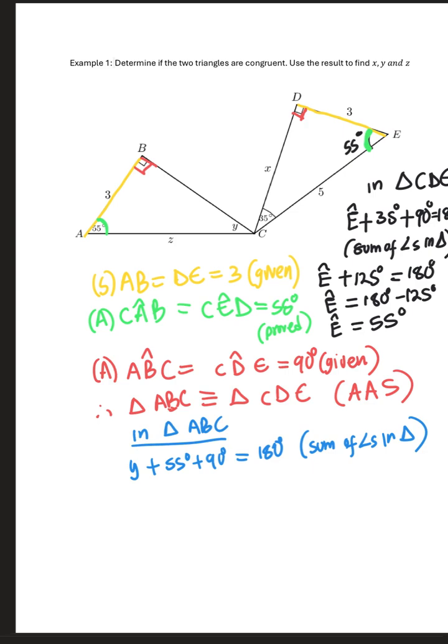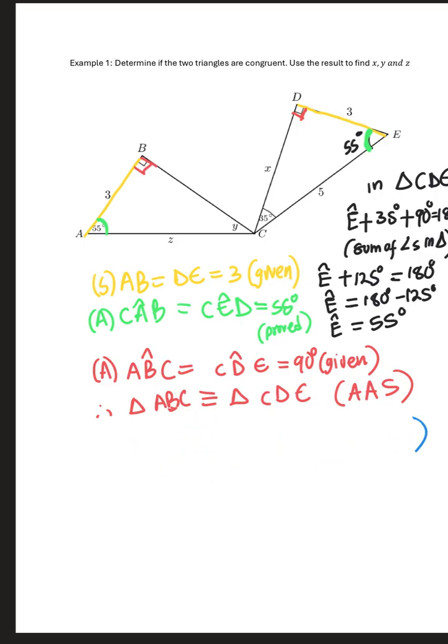Yeah. Or because the question said we must use the result, we don't have to use this. We can just use the result. We just proved that the two triangles are congruent, right? Yeah. So in this case, we can just make a conclusion.